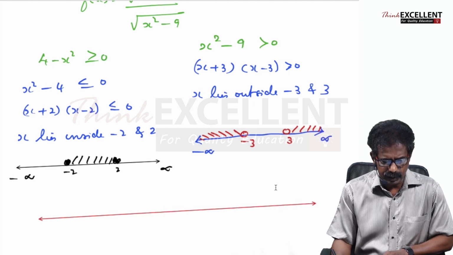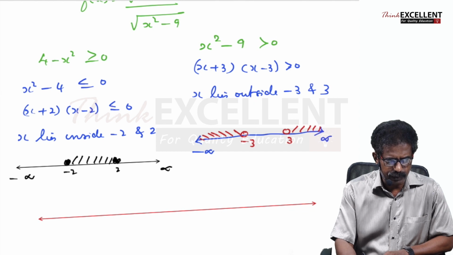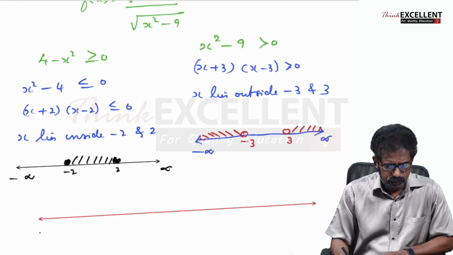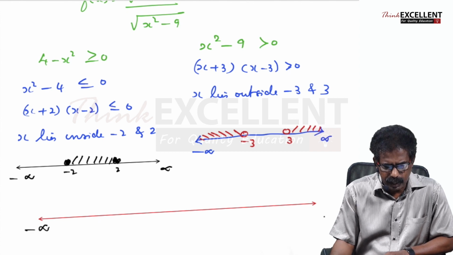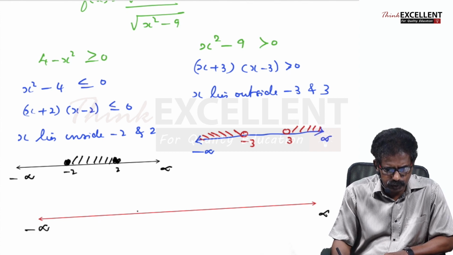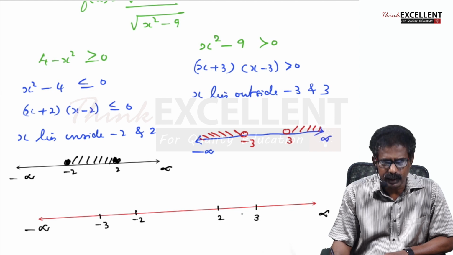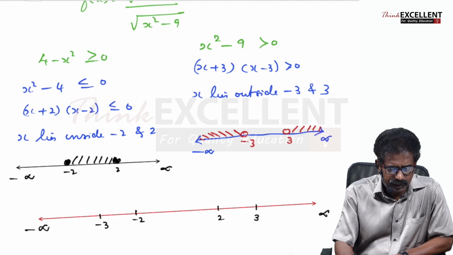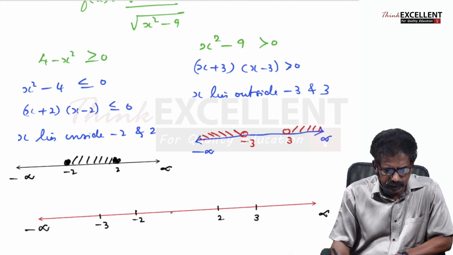So I'm taking another diagram, say minus infinity to plus infinity. So all the points first you plot. So minus 2, minus 3 will be here, right? Then here 2, here 3. Okay, the number line, the order you know. So one condition is, it lies between minus 2 and plus 2.